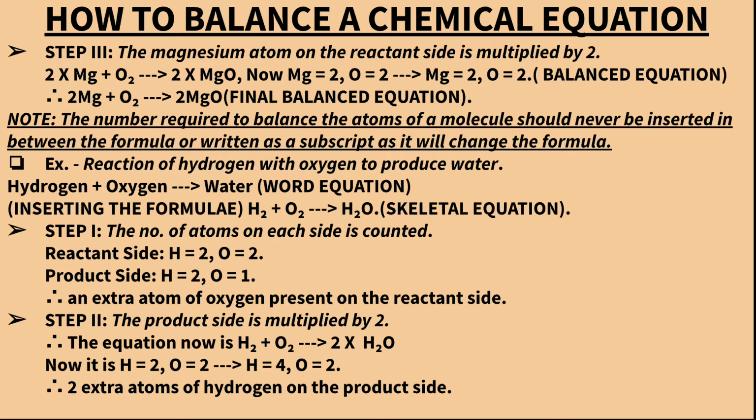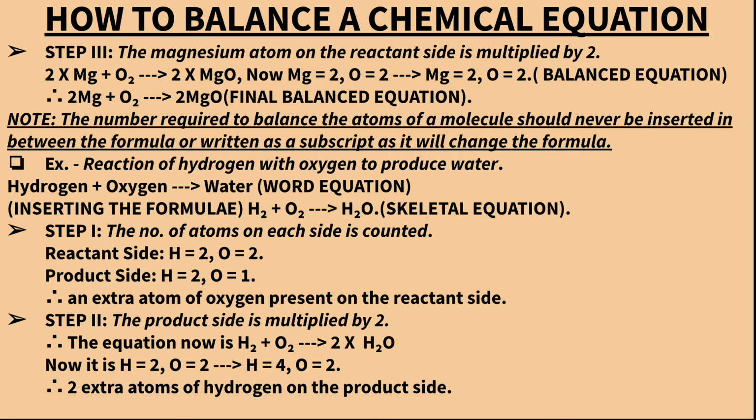Now on the reactant side Mg is equal to 2, O is equal to 2, and on the product side Mg is equal to 2, O is equal to 2. Now this equation is balanced. So the final balanced equation will be 2 Mg plus O2 gives us 2 MgO.